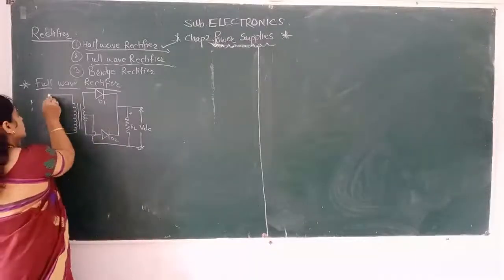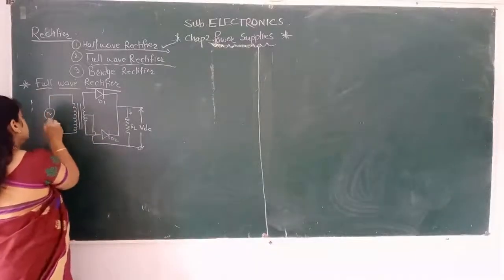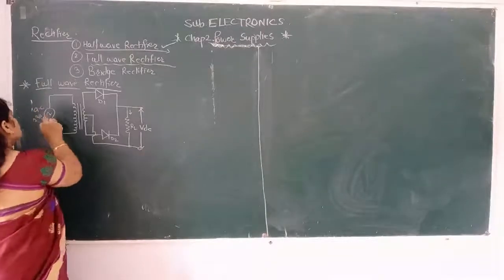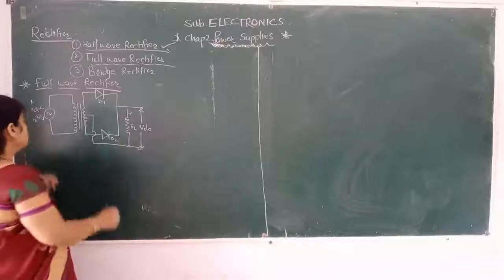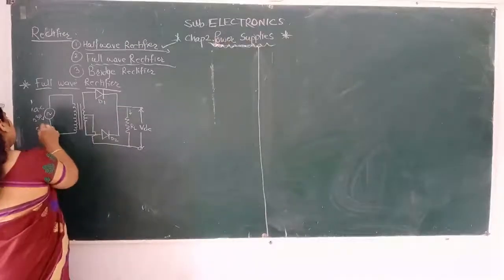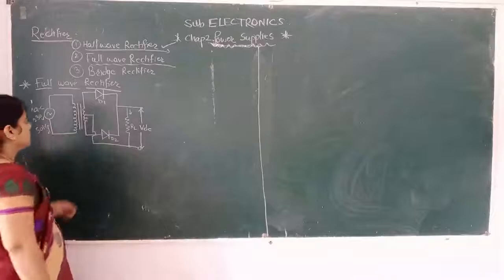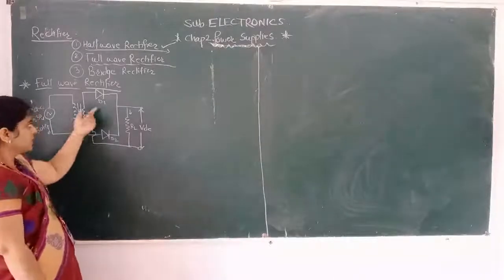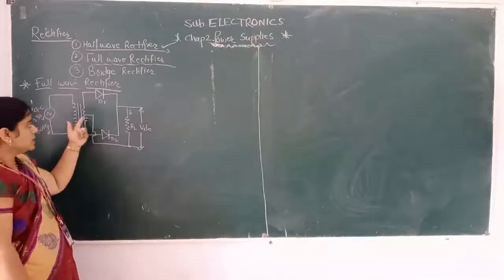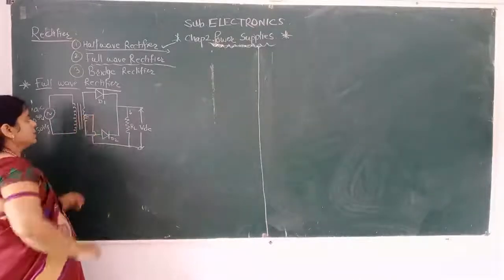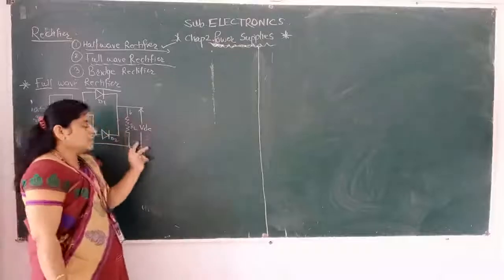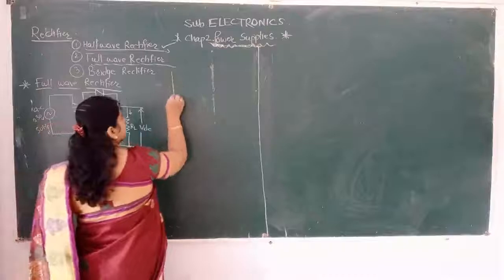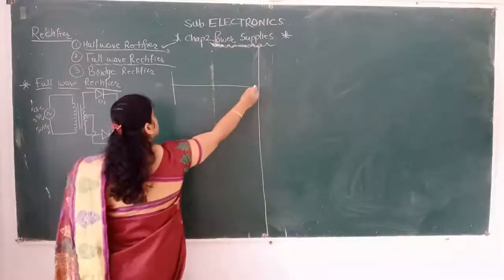Okay. So here what is connected? Here is the AC, a 230 volt supply with 50 hertz frequency. This transformer is a step down transformer. Two diodes are used, this is a center tap transformer, and there are the load resistance and VDC, that is the output. Now we will see the waveforms.